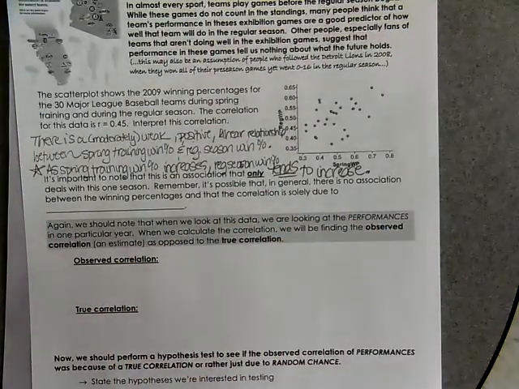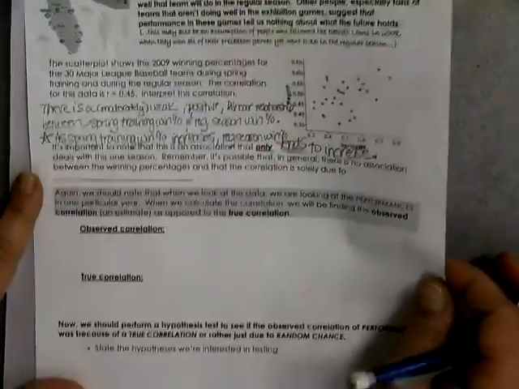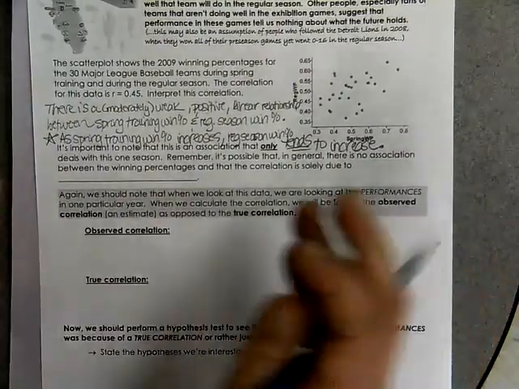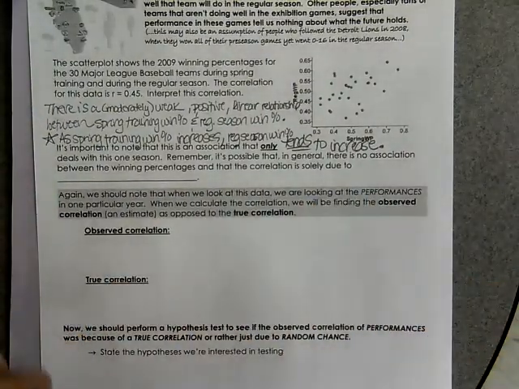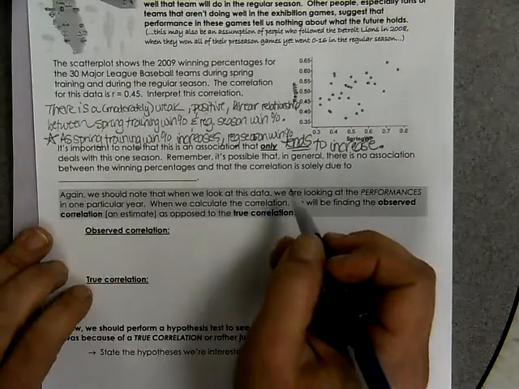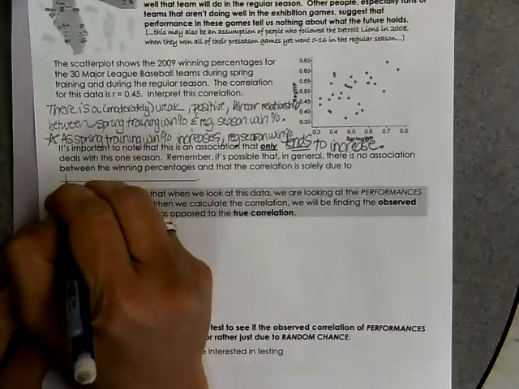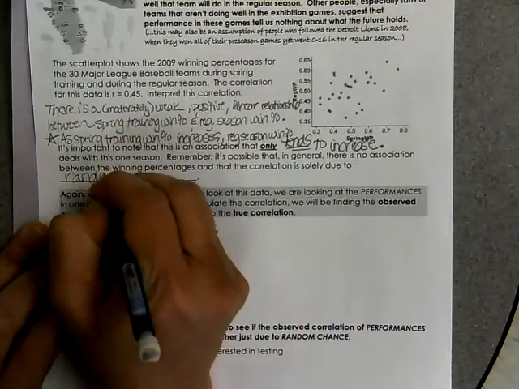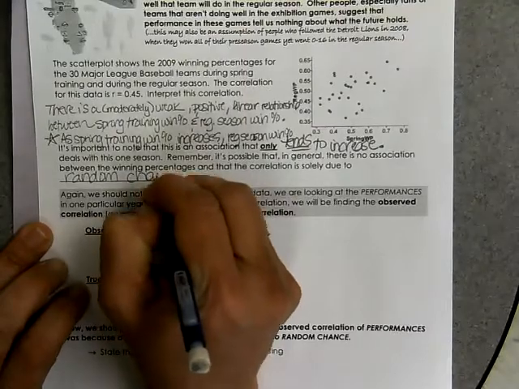So it's important to note that this is an association that only deals with one season. Remember, it's possible that in general there is actually no association between the winning percentages, and that the correlation is just due to random chance. So again, we have to note that when we look at the data, we're looking at the performances in one particular year.